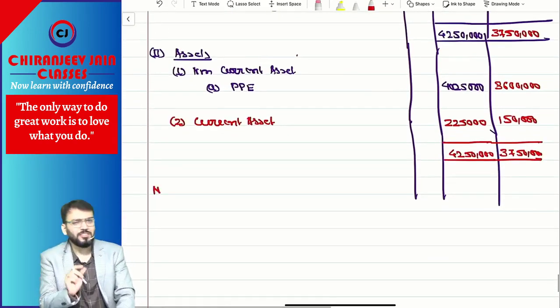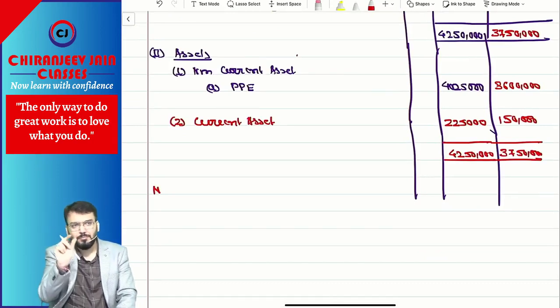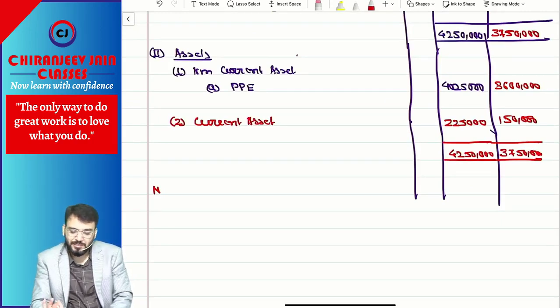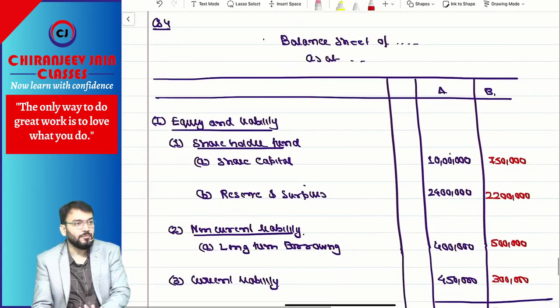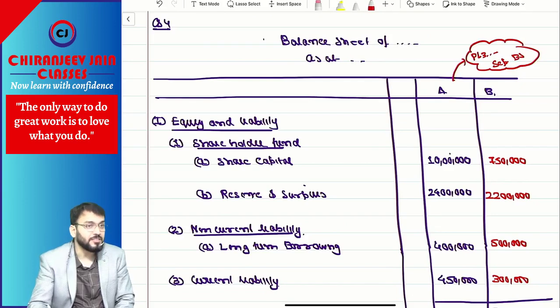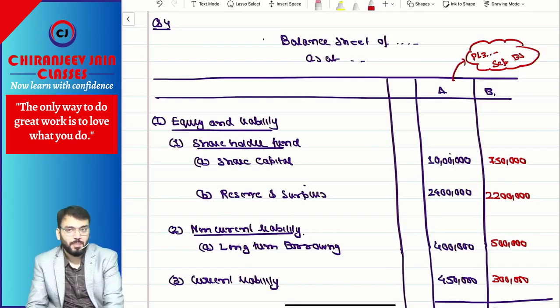So notes to account only this way: A Limited, C Limited, B Limited, C Limited, like this. Then we can do. But in exam, because the same question will come for 10 marks, why take risks? Please prepare separate balance sheet. A super easy question, why take risk? Correct now?